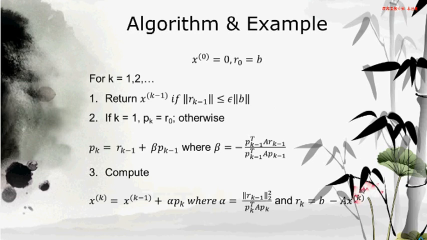So you can see from the second step, if k equals 1, which is the first iteration, you set the search direction p as r0, and then after the first step, in each step, you need to update the search direction p. The p is calculated in combination with the updated residue and the previous search direction.